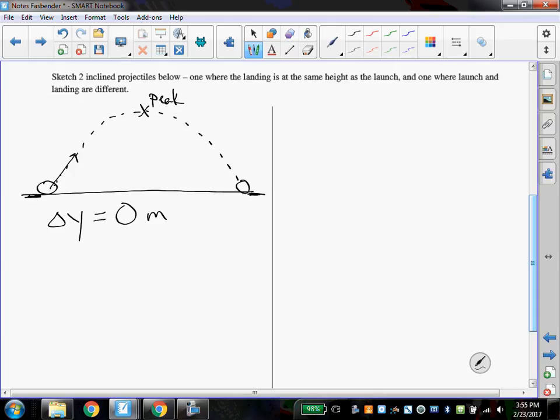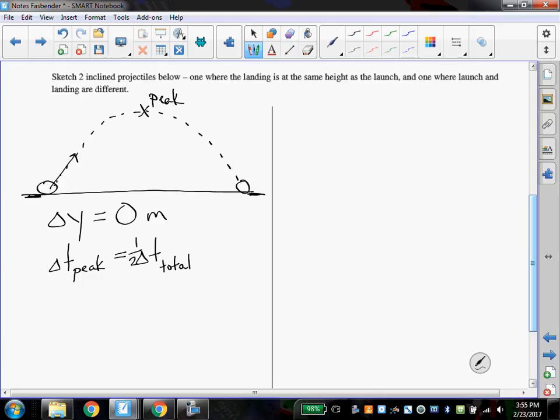So that tells us a couple other things. The time to get to the peak, since it's right in the center, must be 1/2 of the total time.